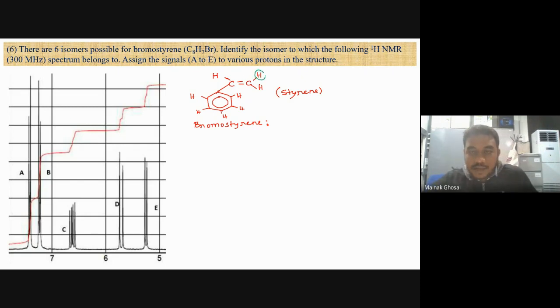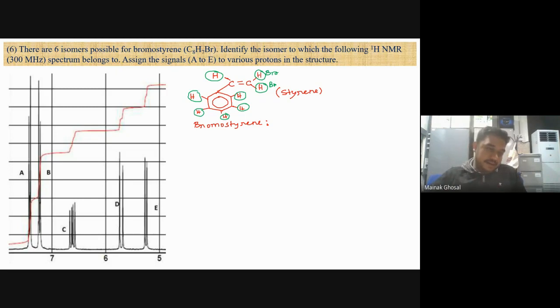This one I can replace with bromine. This one I can replace. These two are equivalent, I can replace them. This one and this one are equivalent, I can also replace them. And this is different. So 1, 2, 3, 4, 5, 6: 6 isomers corresponding to 6 positions of bromine are possible for bromostyrene.